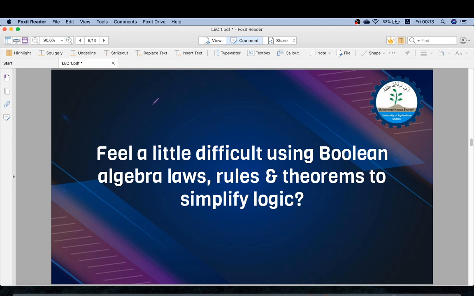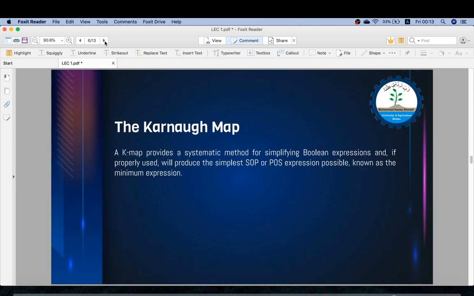But there is one difficulty in using those laws. The first thing is it's very difficult to memorize all the laws and especially implement them on an equation, and it's also very time consuming. So in order to overcome these issues, we have a solution, and that is the Karnaugh map.